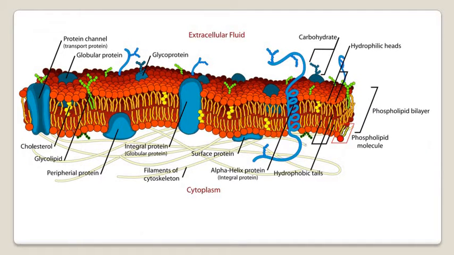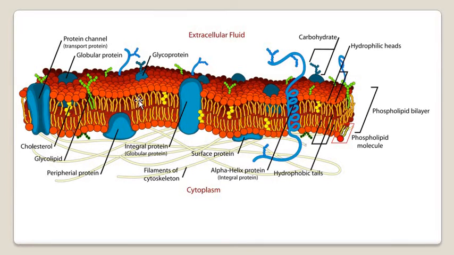Let me show you the same in this diagram. If you see here, you can see a number of phospholipid molecules. All these small head-like structures with the two tails are nothing but the lipids. So this plasma membrane is filled with lipid, right? There are two phospholipid molecules in a single line.